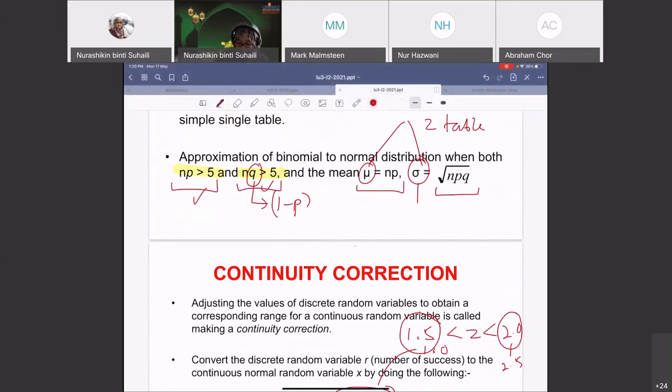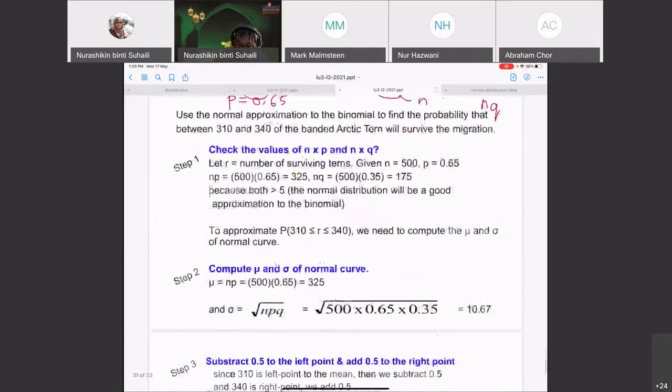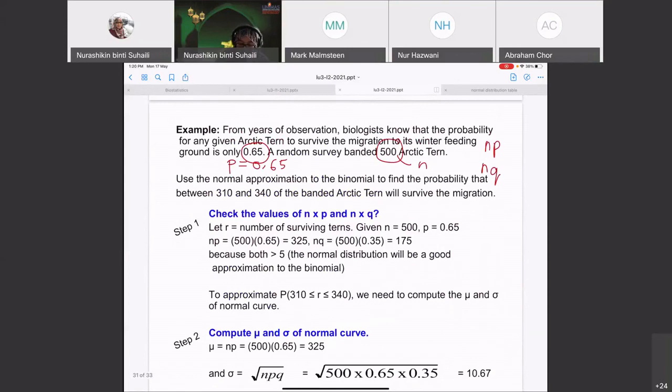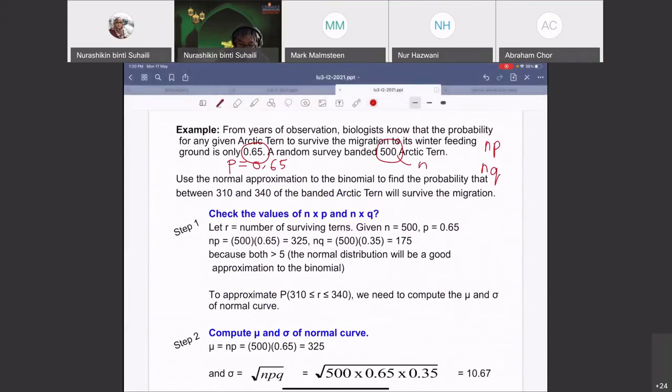Let's look at the problem. Now p is 0.65, so q should be 1 minus 0.65, that is 0.35. Why 1? Because the total probability is 1. So np is equal to 0.65 times 500, which is 325.